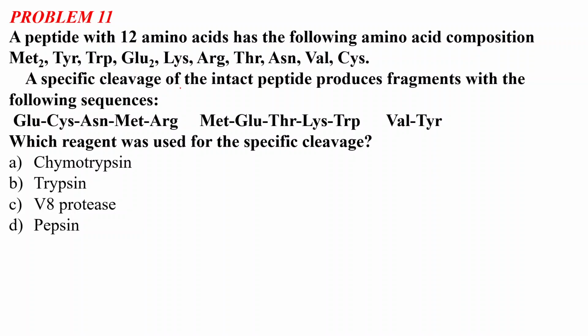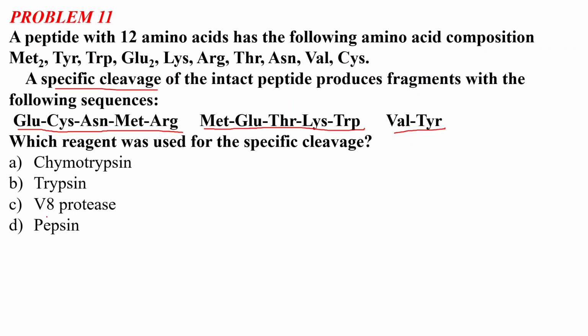A specific cleavage of the intact peptide produces fragments with the following sequences: glutamic acid, cysteine, asparagine, methionine; arginine, methionine, glutamic acid, threonine; lysine, tryptophan, valine, and tyrosine. Which reagent was used for this specific cleavage? Option A is chymotrypsin, option B is trypsin, option C is V8 protease, and option D is pepsin.